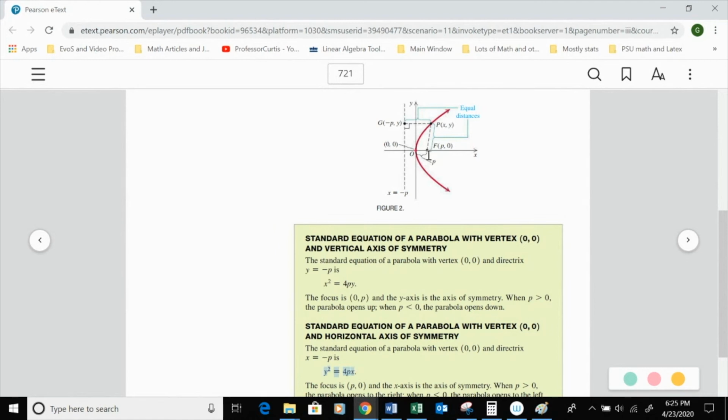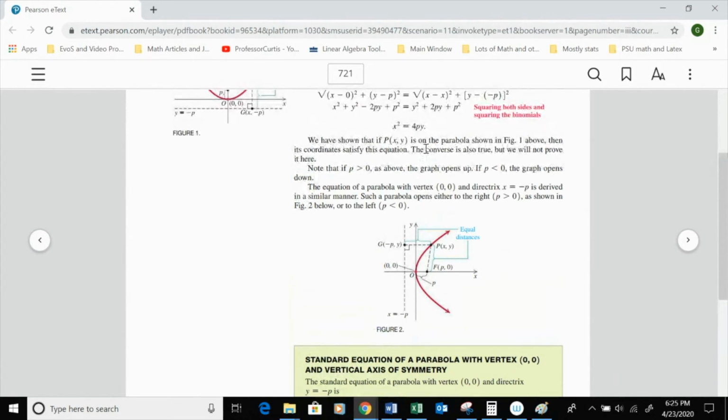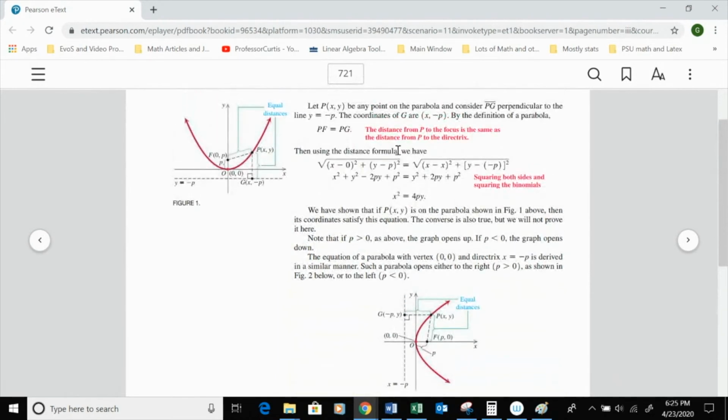And what's going on here, let's see if I can see both of them at once. There I go. Instead of having the focus at 0, p, I have the focus at p, 0. And instead of having the directrix at y equals negative p, I have the directrix at x equals negative p.